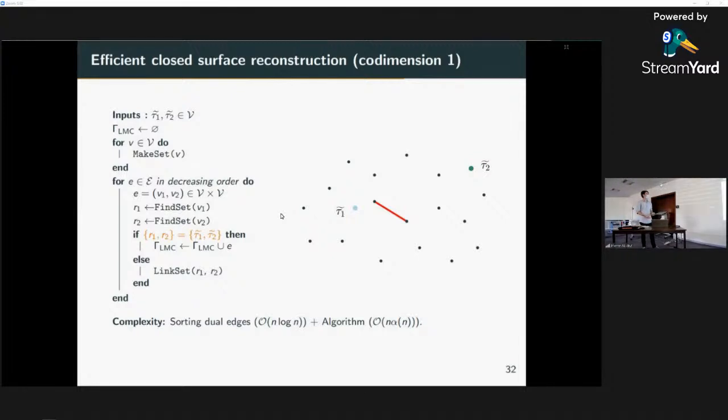In this case, this edge doesn't connect tau 1 and tau 2, so we can add it to the disjoint set structure. A few iterations later in the algorithm, we might consider this edge here, where if we add it, we essentially connect the connected components of tau 1 and tau 2. So in this case, we're going to keep this edge in our solution set. Running this algorithm is efficient, n alpha n, and as a precondition, we need to sort the dual edges to perform this iteration in decreasing order, which is an n log n operation.